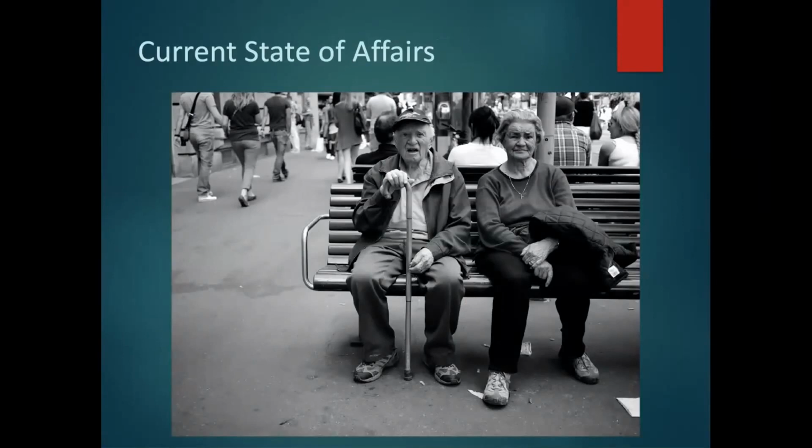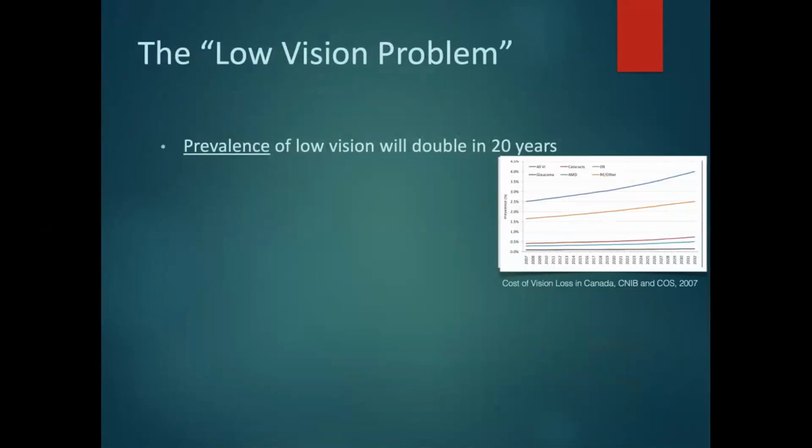And vision loss is becoming a growing public health concern, namely because vision loss typically goes hand in hand with age. And we know that our population is getting older. The population over the age of 65 is supposed to double over the next 25 years. So this is a growing epidemic. I think it's potentiated by the fact that vision loss affects the more vulnerable people in our population.